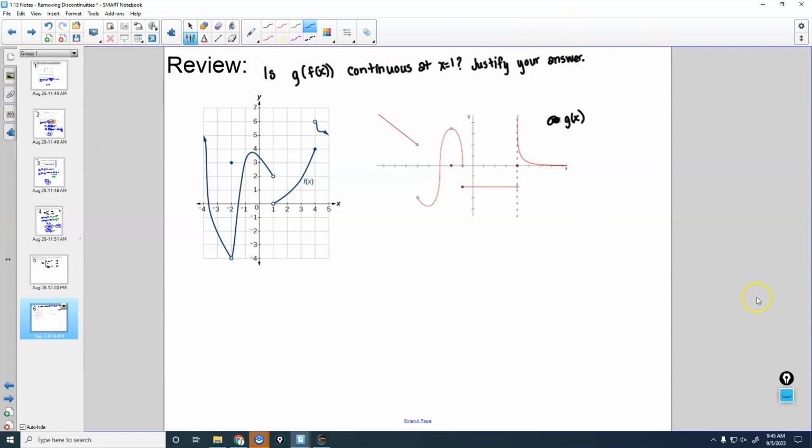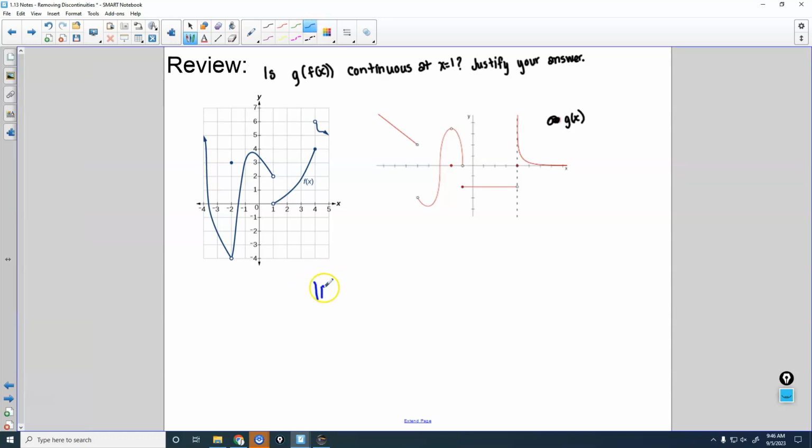Let's look real quick at this. We want to know if g of f of x is continuous at x equals 1, and we have to justify our answer. So that means we would be doing the limit as, actually first we would do g of f of 1. Let's do that first. Okay? This is f, this one is g.